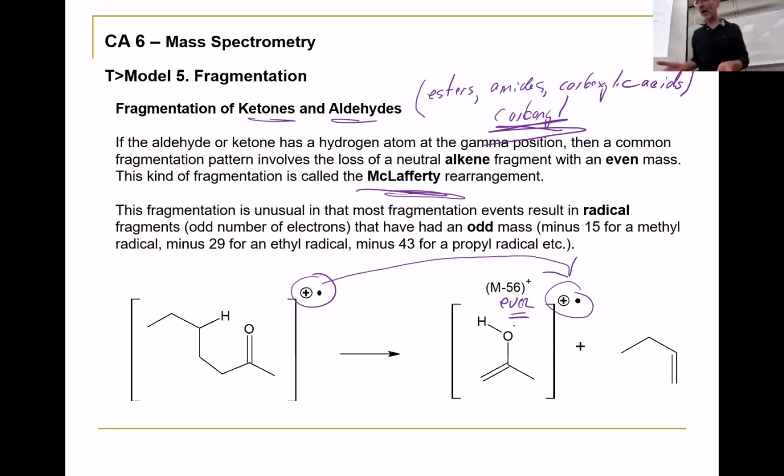And so there's a strategy that I would encourage you to take. Now, unfortunately, my labeling here is going to be different than the labeling I used a minute ago. Alpha, beta, gamma. When I was talking about the alpha cleavage, I was labeling the carbon right next to the heteroatom as the alpha carbon.